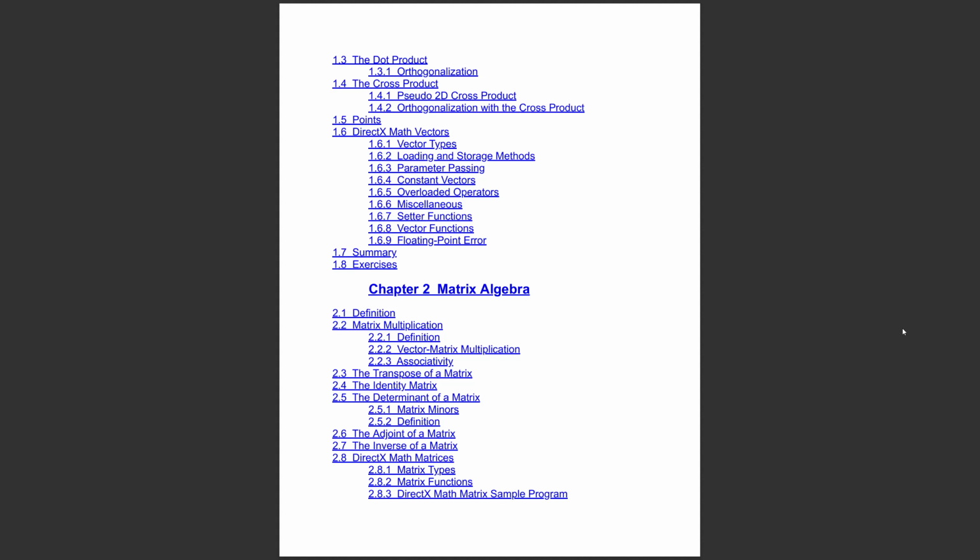But continuing on, we will have Chapter 2 of Part 1 moving on to matrix algebra. In the matrix algebra, we'll be talking about the definition of a matrix, matrix multiplication, the vector-matrix multiplication, so how a vector is affected by a matrix in its multiplication, as well as associativity of matrix multiplication.